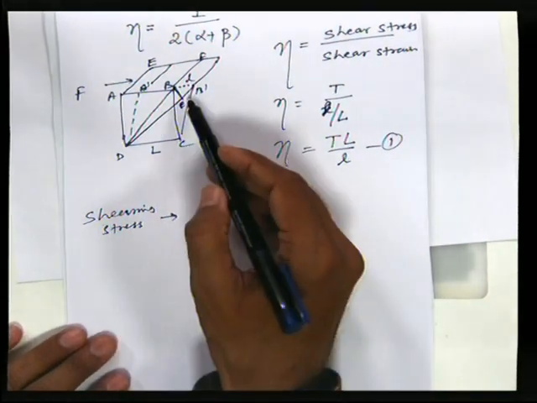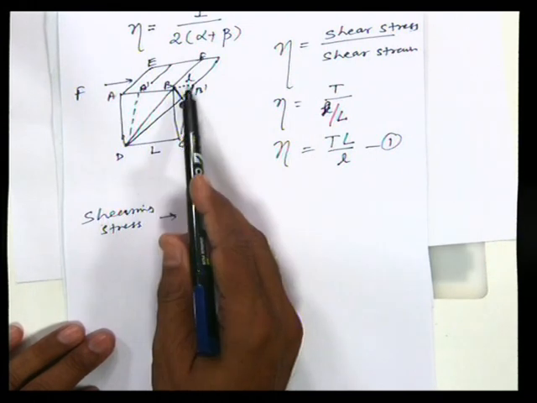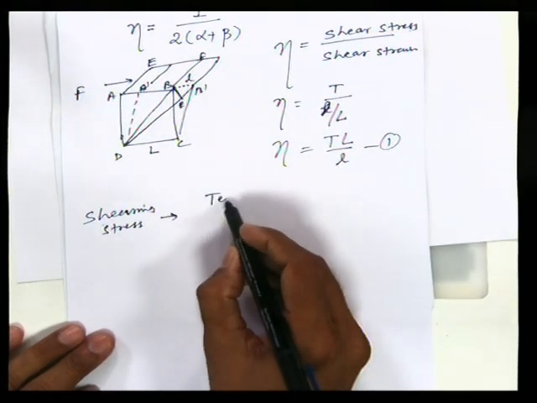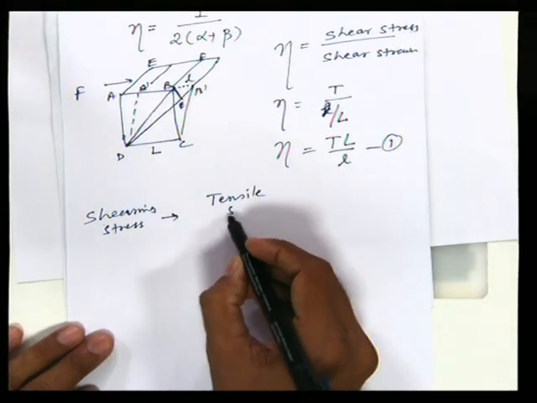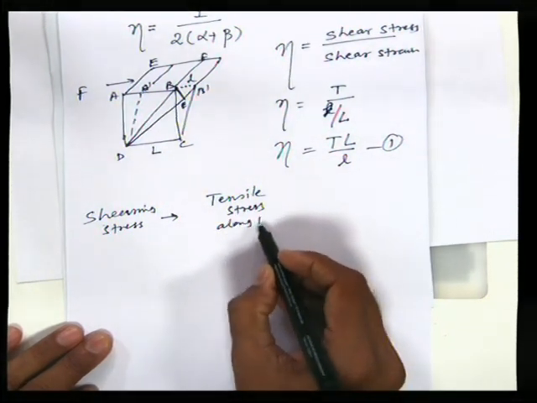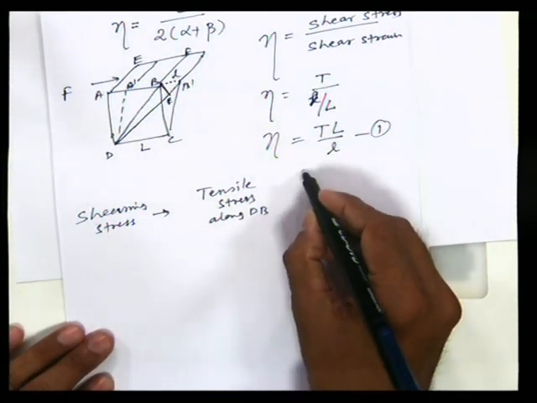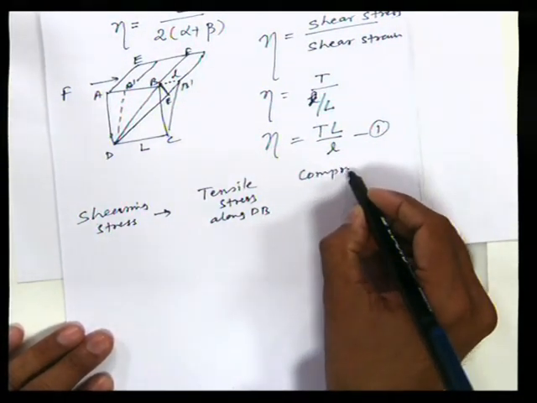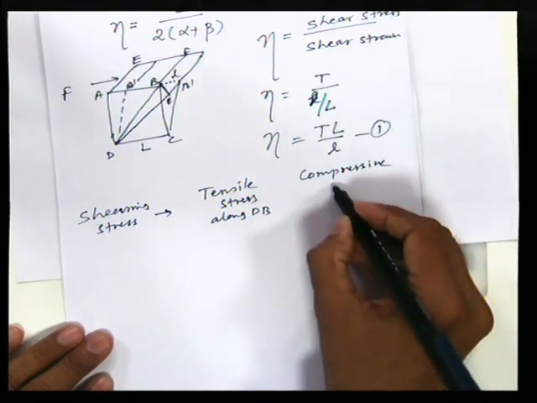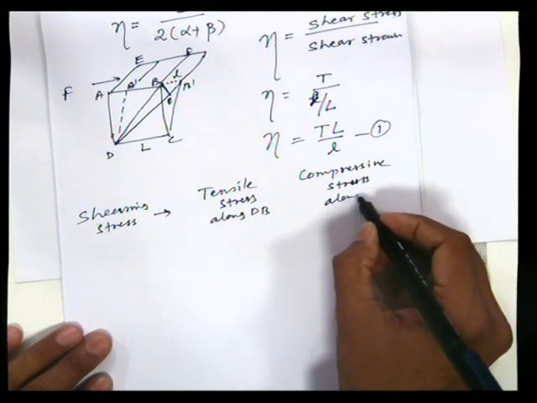So this increase in length is due to, first factor, tensile stress along dB, and second, compressive stress along AC.